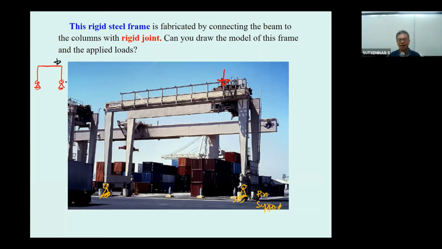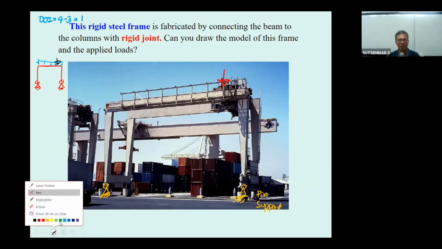And then if you also include the uniformly distributed load, you may also put this kind of self weight of the girder into this frame. What we have is this one will have the degree of indeterminacy of 4 minus 3, which is equal to 1.